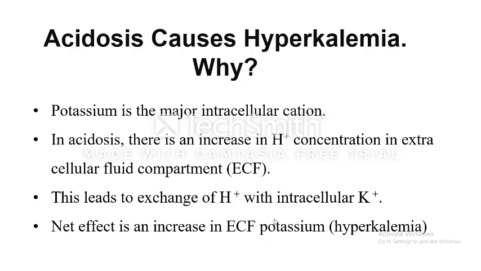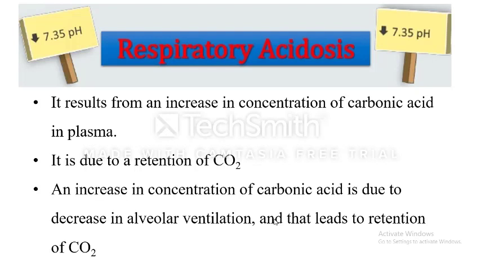This leads to an exchange of protons with intracellular potassium. So the net effect is an increase in extracellular compartment potassium. In the extracellular compartment, potassium ion concentration increases. So this is the reason.